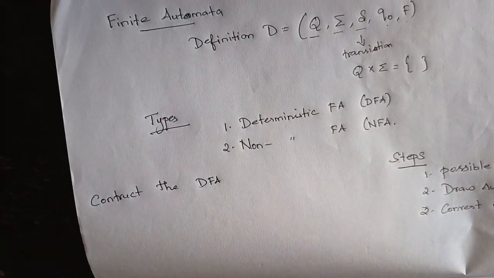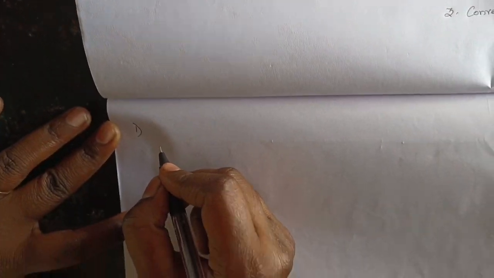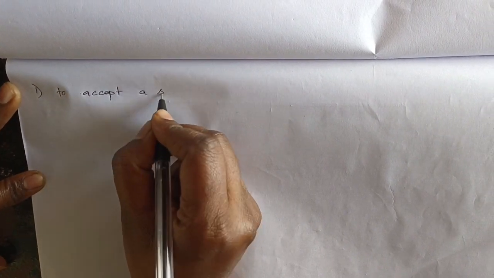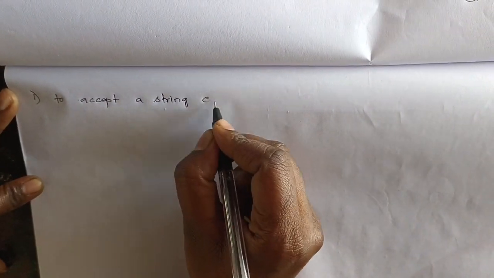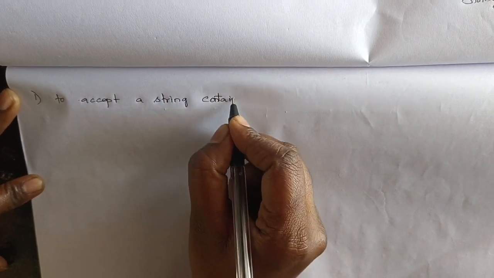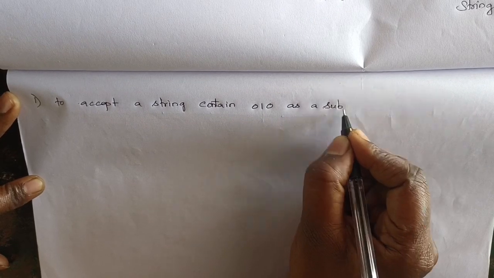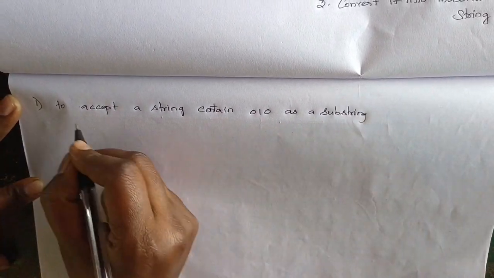So the first problem is: draw a deterministic automata to accept a string containing 0, 1, 0 as a substring for the binary input.